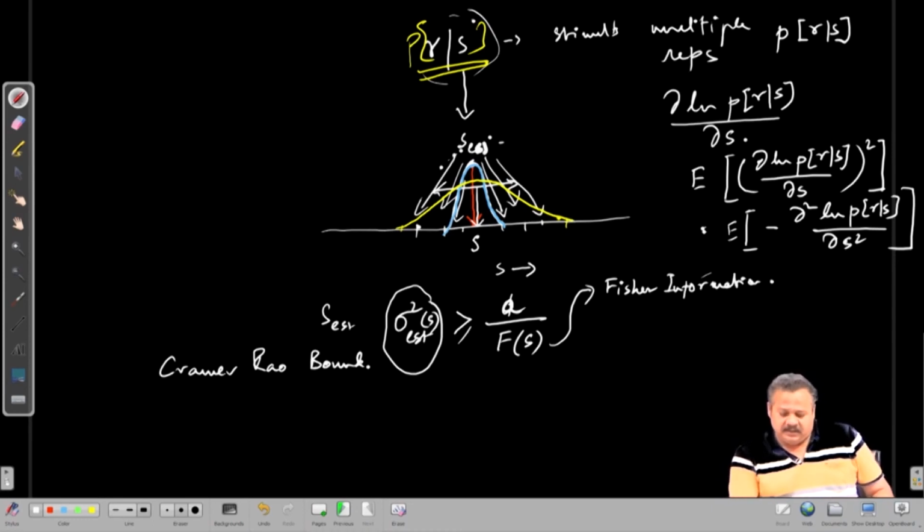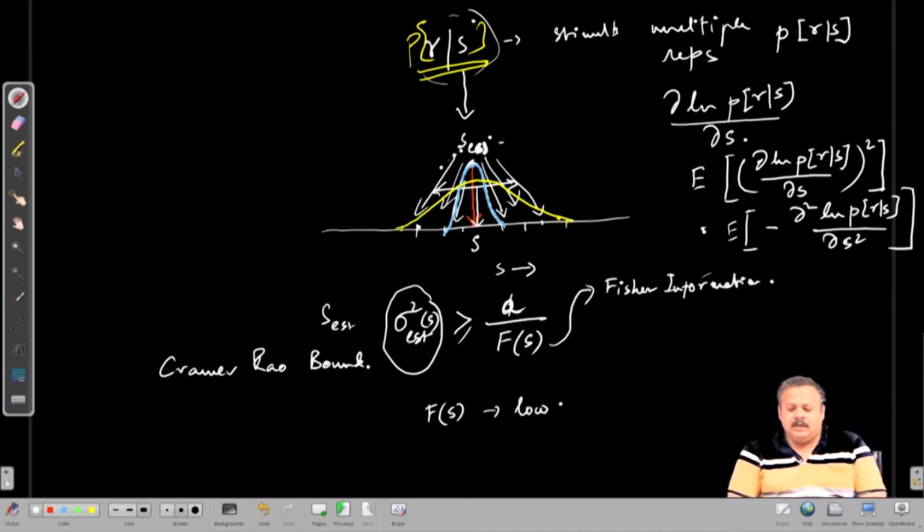What we are saying here is that if this F of S, the Fisher information, is low, that is, based on the data that we have collected, P of R given S, we estimate the Fisher information F of S for that particular stimulus at that particular location, for that parameter.